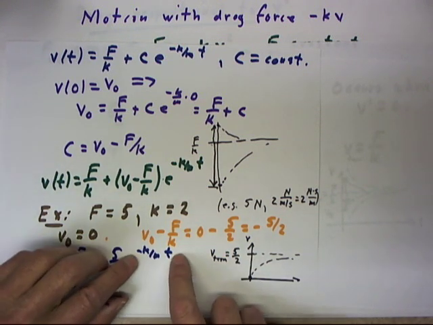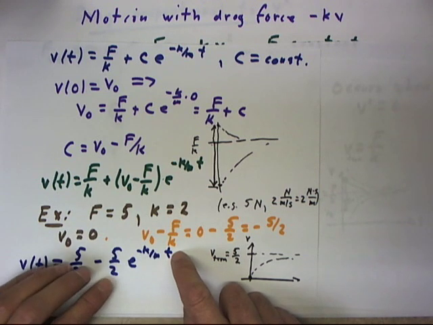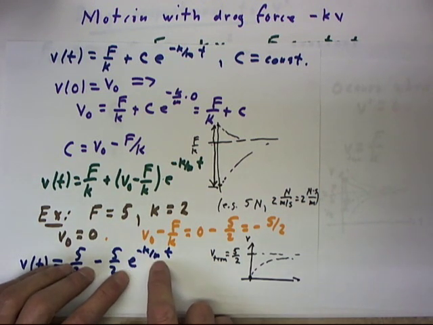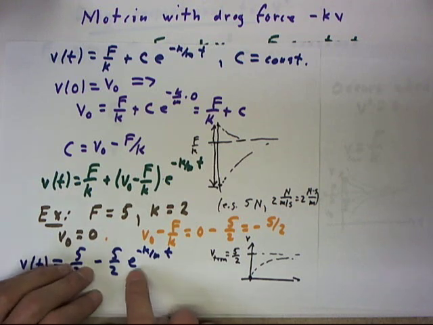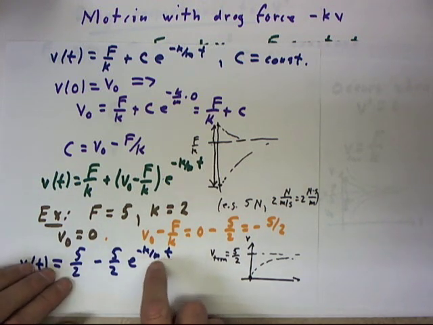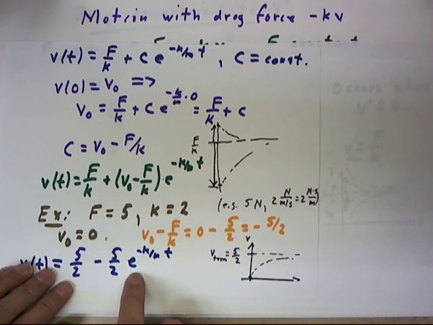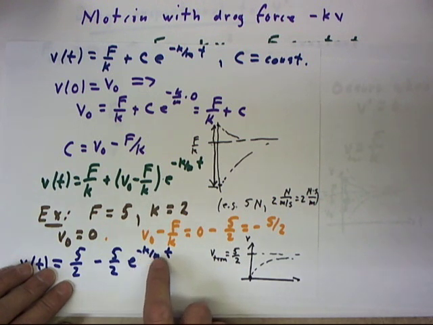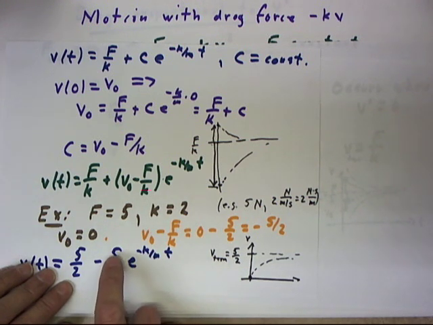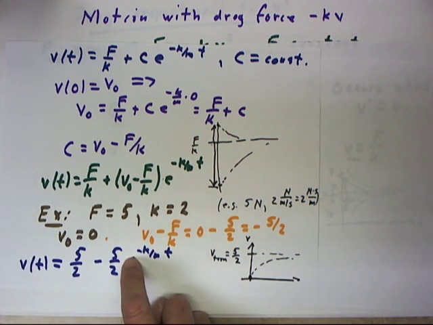As t approaches 0, negative k over m t approaches 0, so that e to the negative k over m t approaches 1, e to the 0 being 1, so that negative 5 halves times e to the negative k over m t is going to approach just plain old negative 5 halves times 1, negative 5 halves.